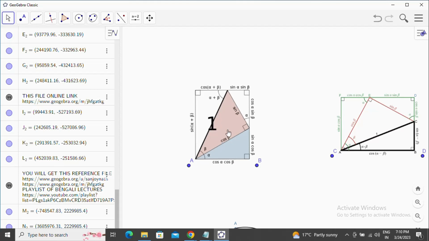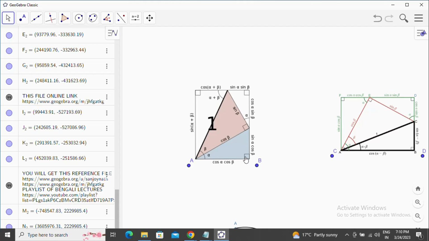Now the secondary side effects: you can see the effect of the multiplication here. This line segment is taken as 1 or L. If we take this as L, then this will become L cos beta. And if we take this as L cos beta, then it is the hypotenuse of the second triangle, and this will become the base of the second triangle.